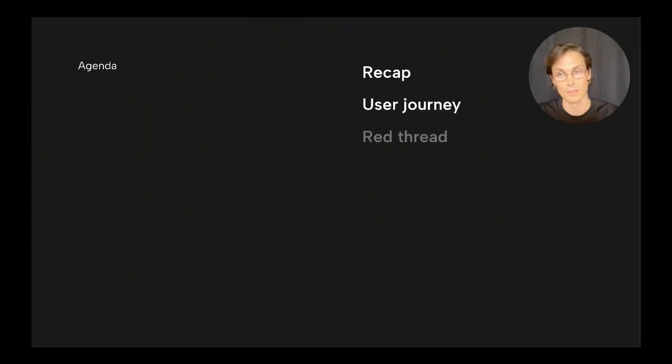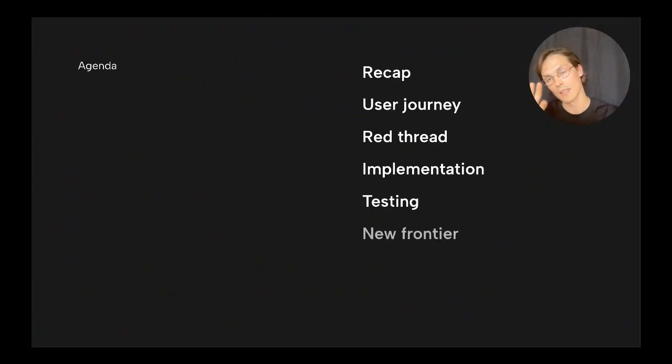Very exciting. We're going to talk about sounds that fit together as one cohesive family, which is very crucial. We'll talk about implementing sounds into product. We'll talk about testing the sounds at the end, and then a little bit of the near future of UI sounds, what's to come, the new frontier, so to say.